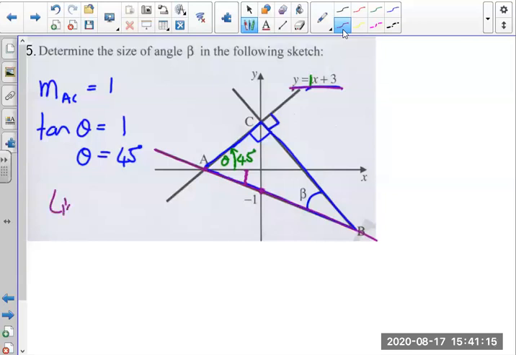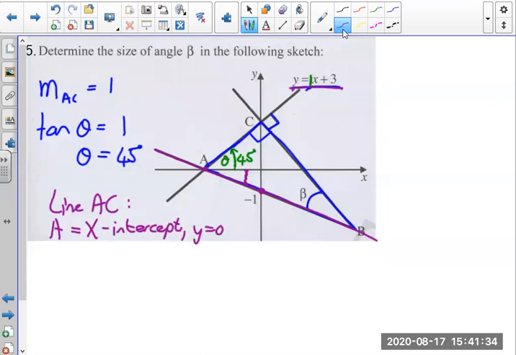For line AC, can you see this sketch is now more complicated, so it will count more marks. For line AC, A is the x-intercept, and for an x-intercept, make y 0.